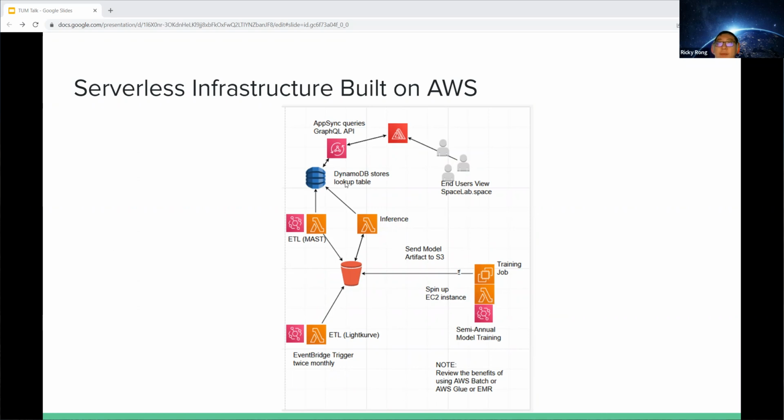Right now, all of this data is being dumped into a DynamoDB table, which may or may not be incorporated on the spacelab.space site. I'm not too sure yet. However, the end goal is to make this available via a GraphQL API, or at least make it available on an Explore page on the spacelab.space site, which actually is there right now, although I'm not sure if our model output is there.